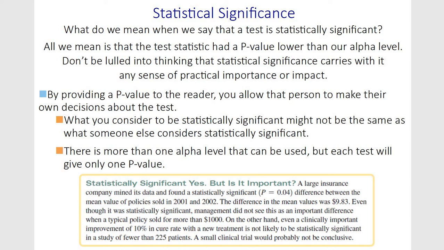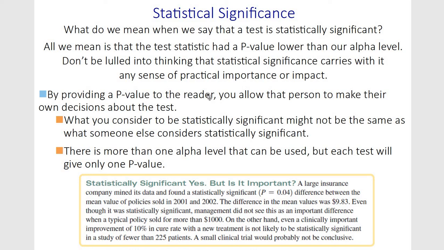Okay, but that's it. And it depends on your alpha level on whether or not you can say it's statistically significant or not. All right, but the p-value is what's the important one.